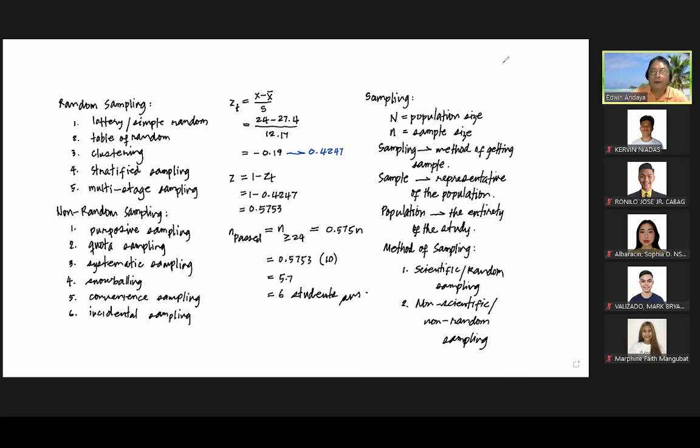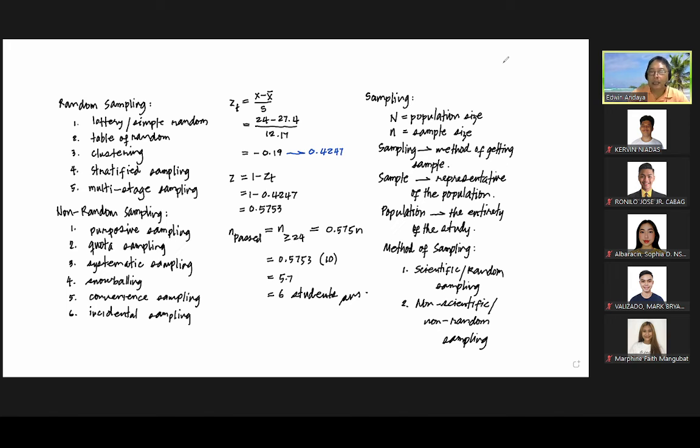Now, stratified is a method of grouping the population into small groups, by strata or groups.